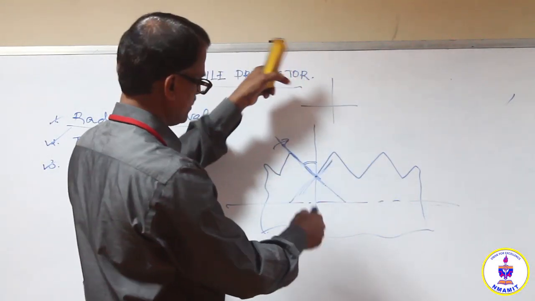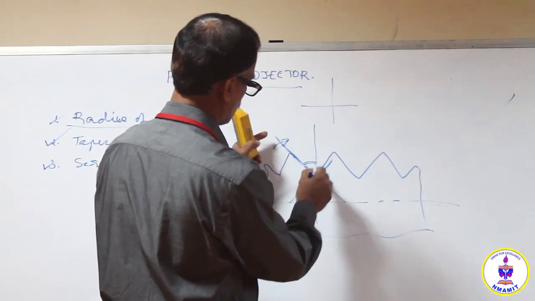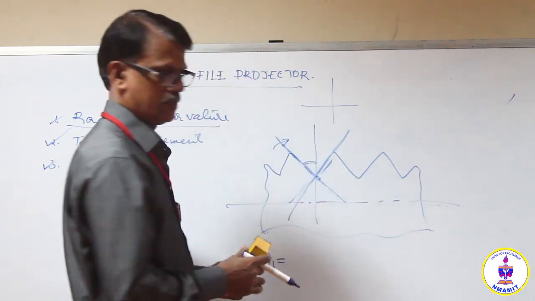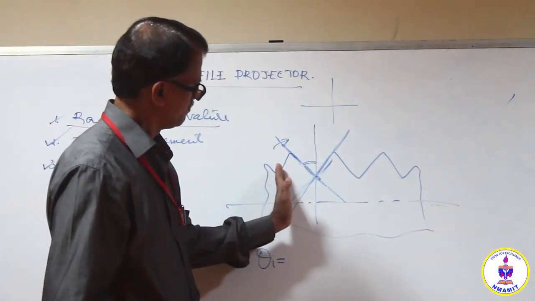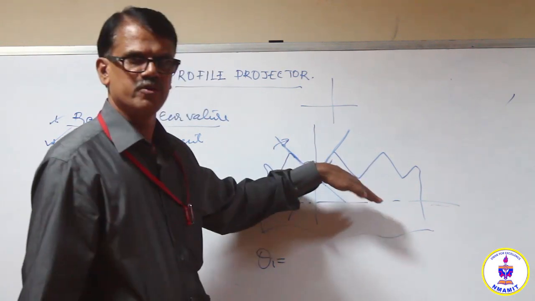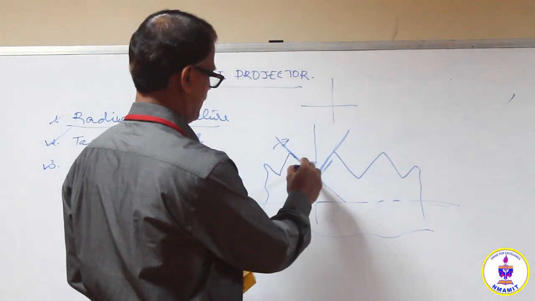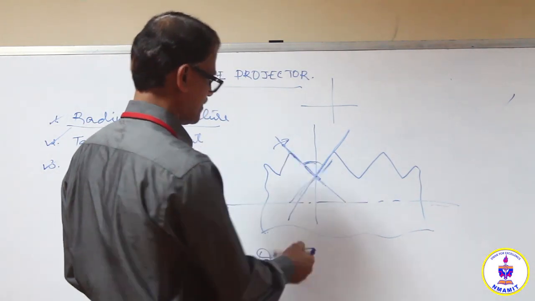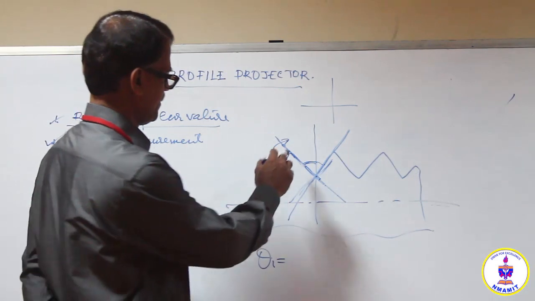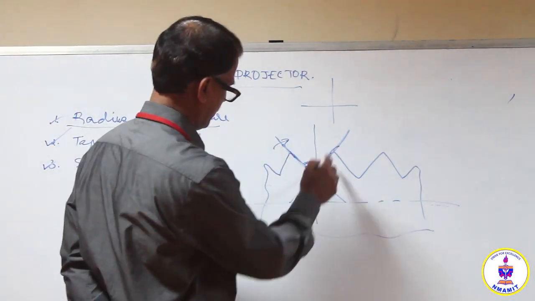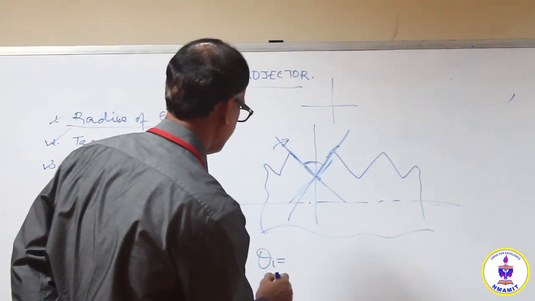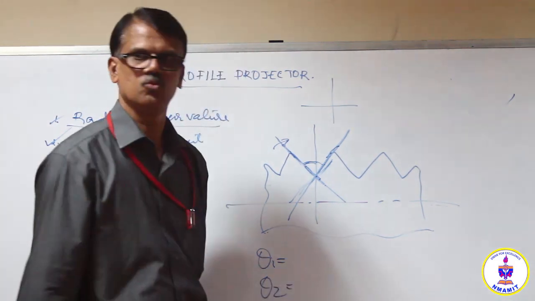Move the screen in the opposite direction so that the same wire is brought to coincide with the flank on the opposite side. So the angle between these two positions on the cross line is nothing but the thread angle. When it is moved to the second flank, the corresponding reading is theta 2.